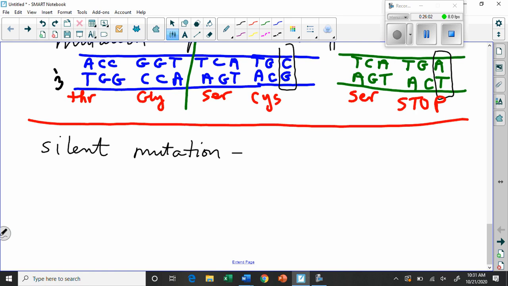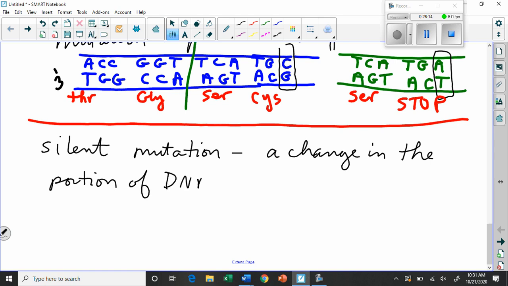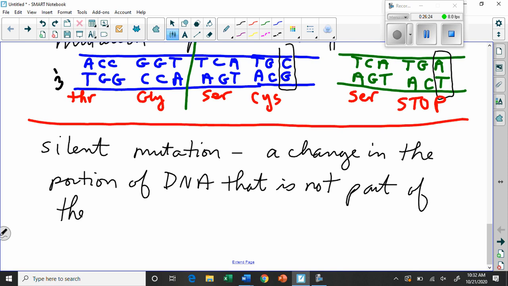Well, let's write that down. It's either a change in the portion of DNA that is not part of the code of the enzyme code.